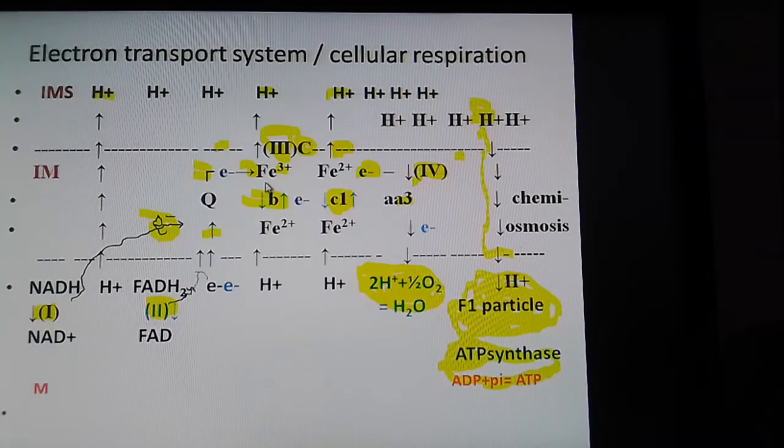Now it would be existing in the form of Fe3+, that is the oxidized state, and on the receipt of an electron, it will get reduced to the ferrous state Fe2+, and then the electron will be settling to C1, which is also already in the form of Fe3+, yes, here it should be 3, and which will be reduced to Fe2+.